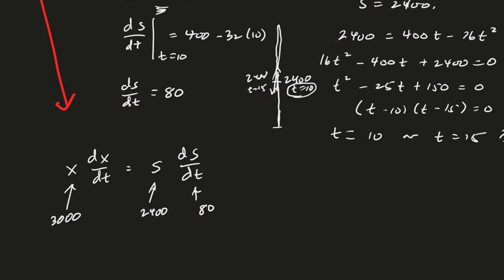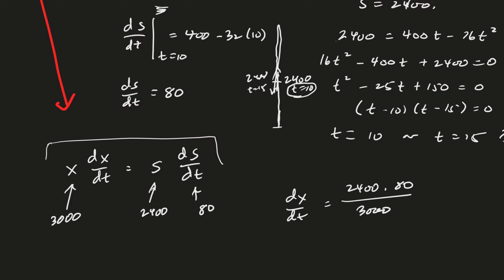Alright, so I just put our equation down here, and I think we found all the variables that we need. So we see that dx over dt must be 2400 times 80 divided by 3000. Right, and so using our calculator, what do we get? 64.